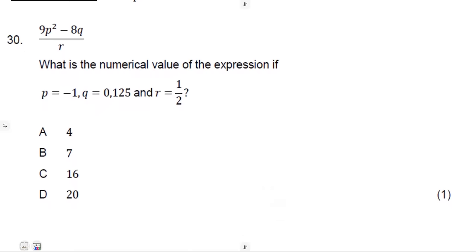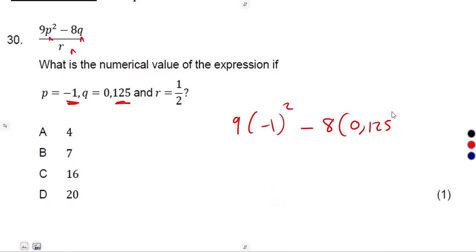Number 13. What is the numerical value of this expression if we are given this? Simply substitute what you're given. So that's 9 into p squared minus 1 squared minus 8 into q, 0.125. Yes, you can have it as a fraction, or you can just have it as a decimal.